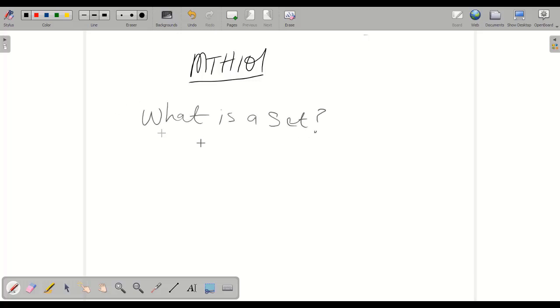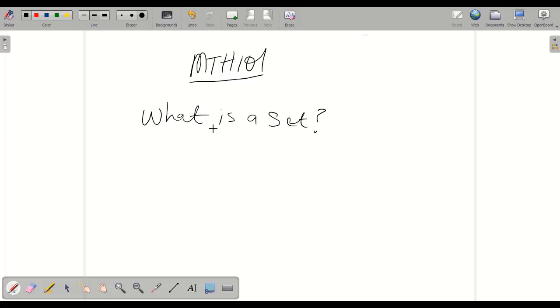Now, a set is a list of objects, or we could say a set is any well-defined list of objects. But it's not only that, a set could also be a collection of objects or a class of objects.